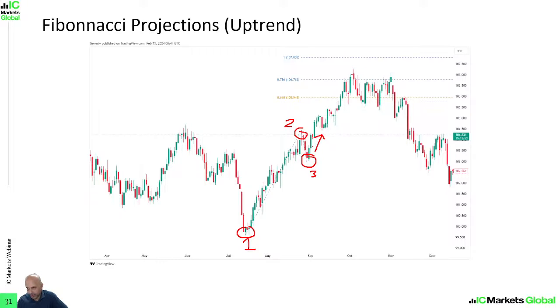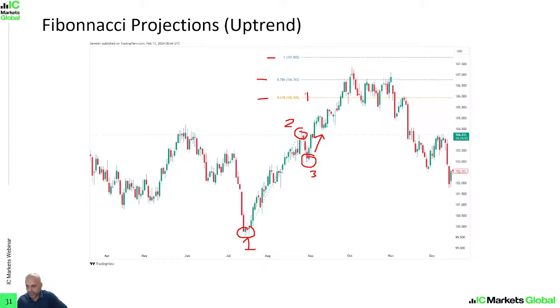As price starts to go higher, we can see clearly in August this has been a strong uptrend for the dollar index. There's a pretty decent pullback, but price finds support at about 103 before rebounding to go higher. As price is rebounding higher, we use the Fibonacci projection tool, 1, 2, 3, using 3 points, and then we use the 61.8%, 78.6% and 100% to identify potential take profit zones for the continuation of the uptrend.